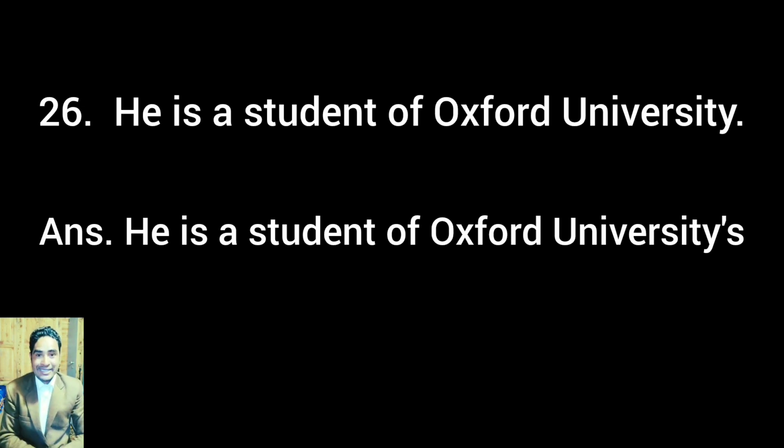As I told you before, repetition of a noun is an error. So the correction is: he is a student of Oxford Universities, or Oxford University students. We have to consider that after that, the noun is student and students.